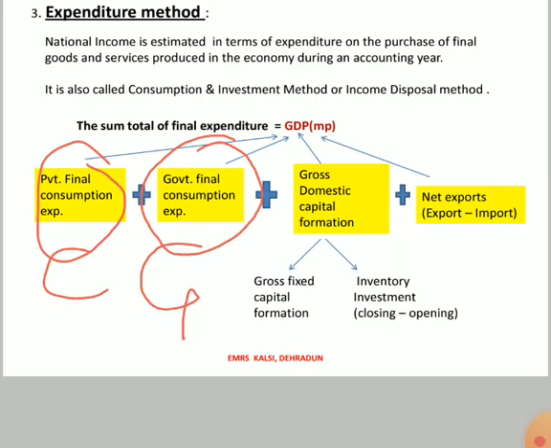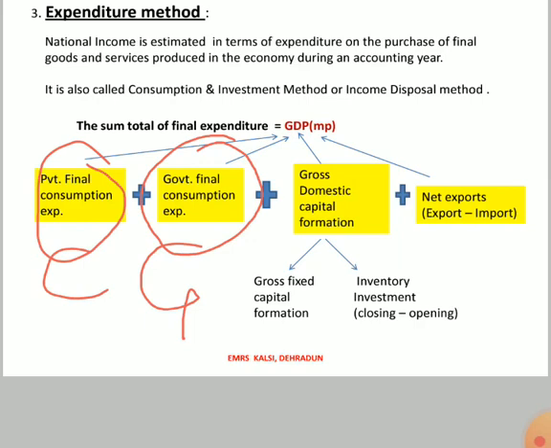The third institution which makes expenditure is the firm, in the way of investment. A business enterprise invests, makes expenditure.